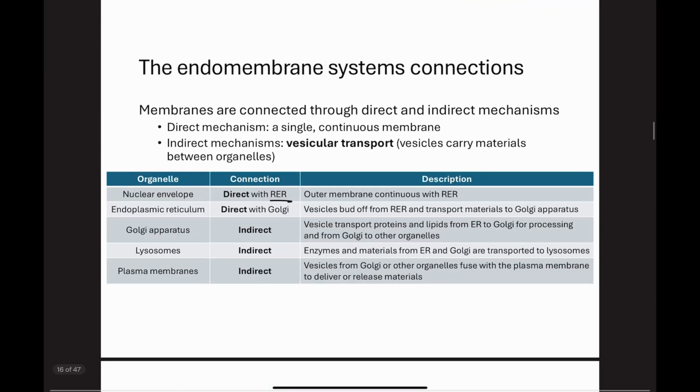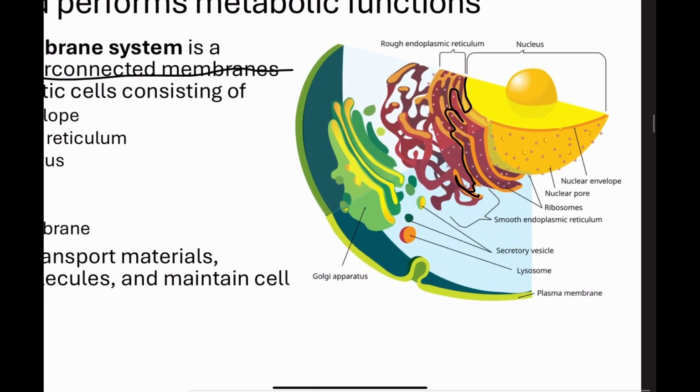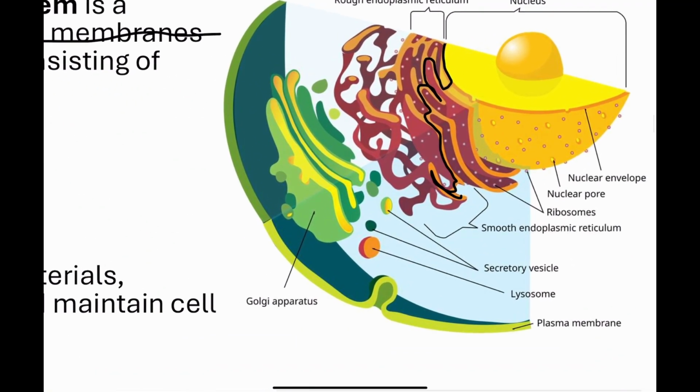And we also have a kind of direct connection between the endoplasmic reticulum and Golgi apparatus, but it's not a continuous membrane. What happens is that vesicles are going to bud off of the rough endoplasmic reticulum. So we see here a vesicle that's starting to bud off.